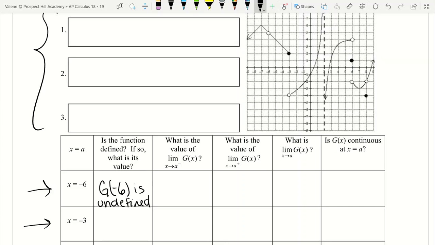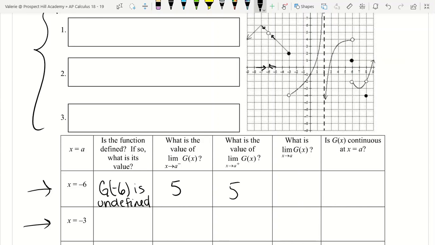Next, we need to know the value of the limit as x approaches -6 from the left of g of x. From the left, our value is approaching 5. And now from the right, as we approach -6, what is our graph approaching?